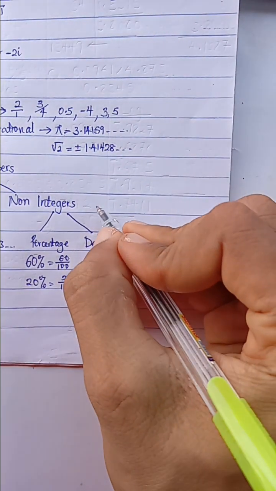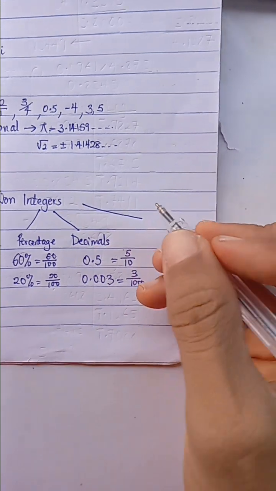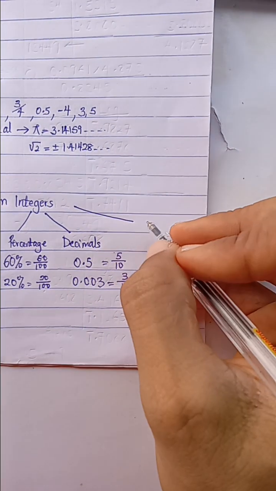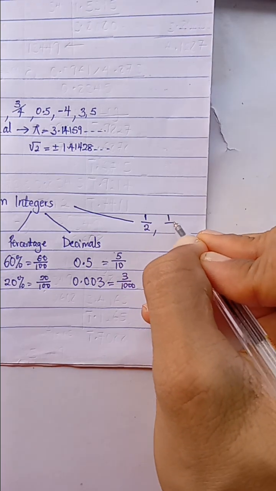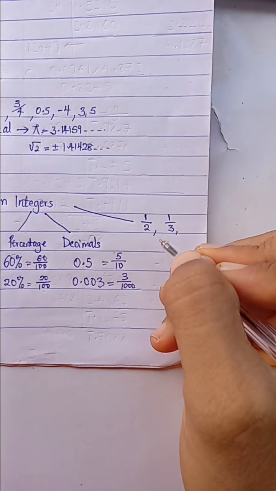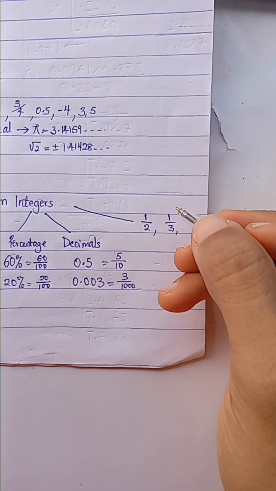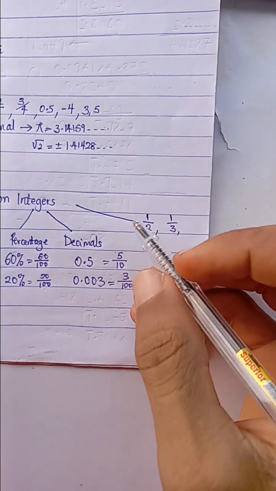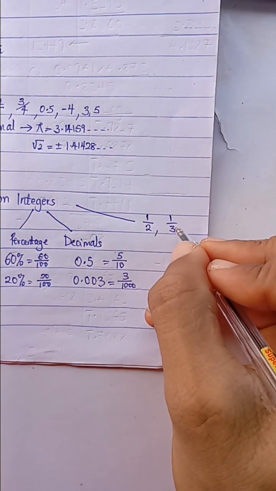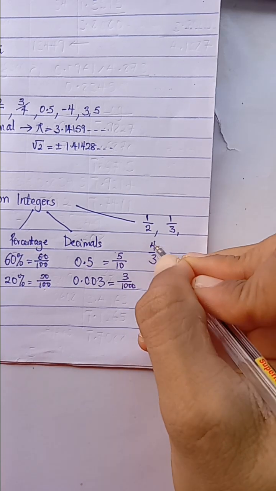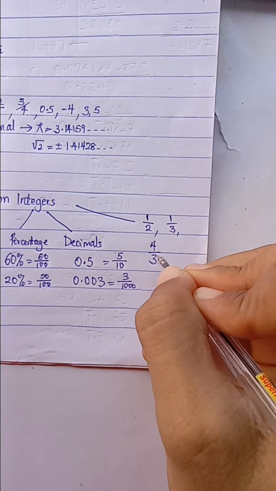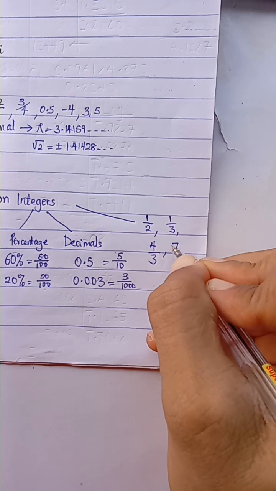Then lastly, we have fractions in the vulgar form. So we are talking about things like 1 over 2, 1 over 3. All these are fractions. Even though sometimes you can express these fractions as proper fractions, when they appear in this form, 4 over 3, where the numerator is bigger than the denominator, we refer to them as improper fractions.